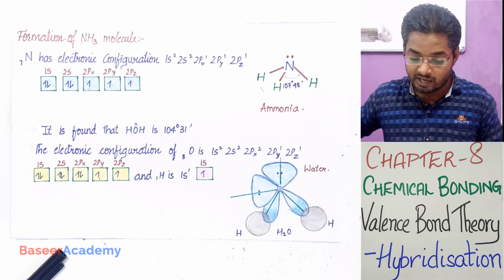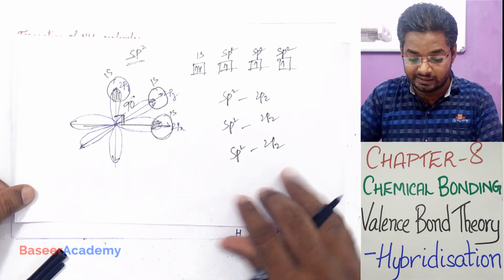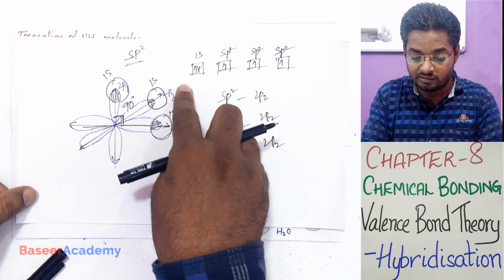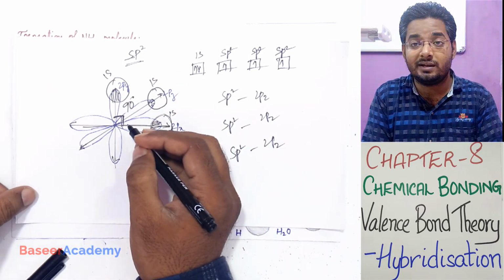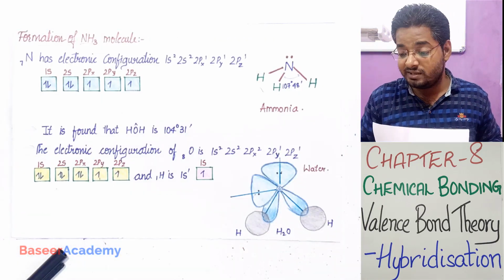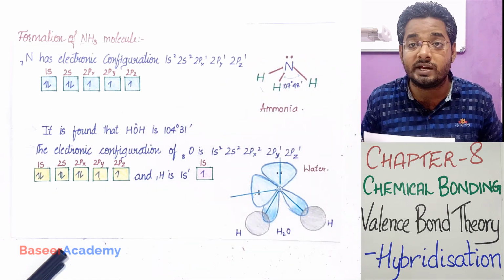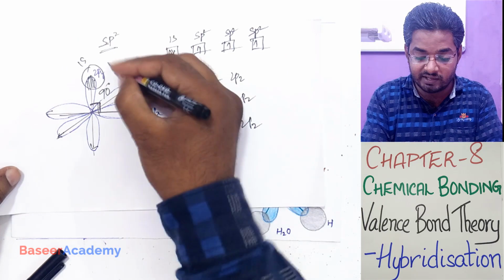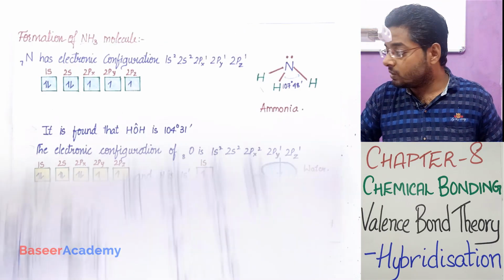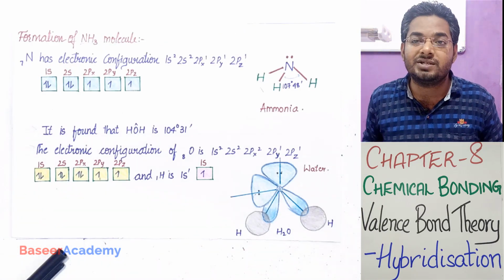But here, if we go through this procedure, we see that the bond angle is 90 degrees. As per the VSEPR theory, the bond angle has to be 107 degrees 48 minutes and not 90 degrees. So again, here also hybridization takes place.